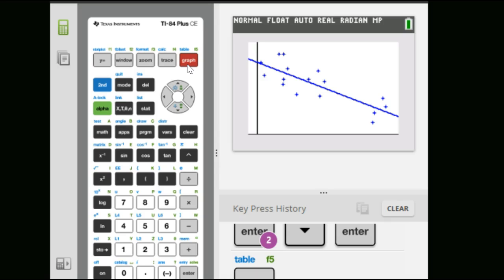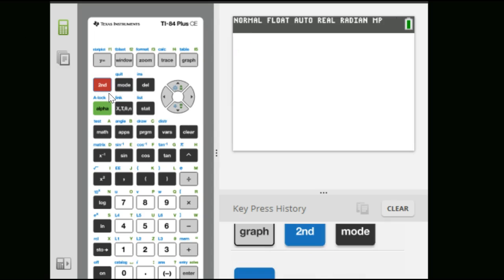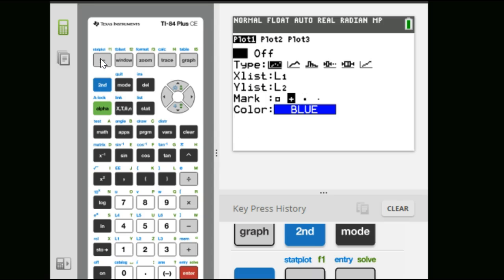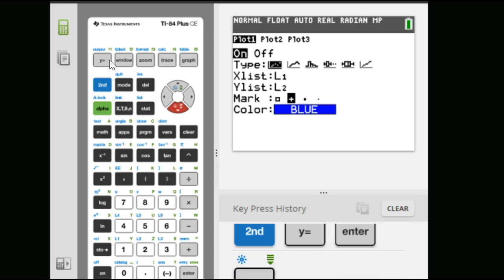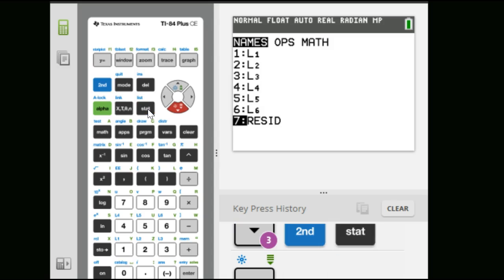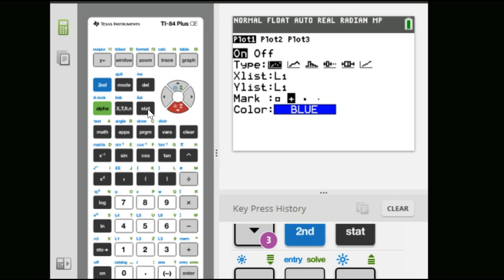But now what I want is a residual plot. So let's go back to the main list. I should be able to make the residual plot by going here. L1 I'm going to keep the same, and then I think it's 2nd Stat.